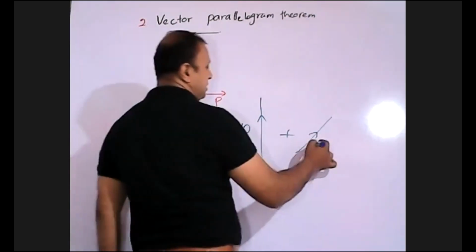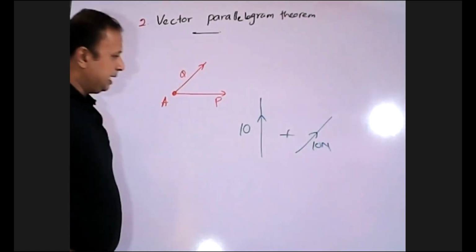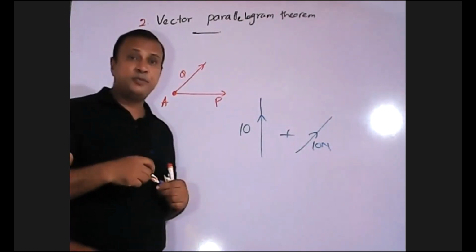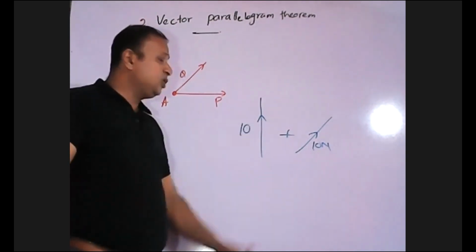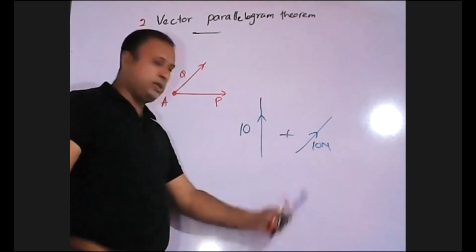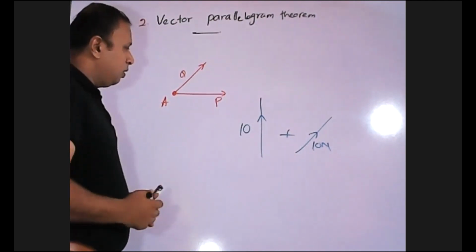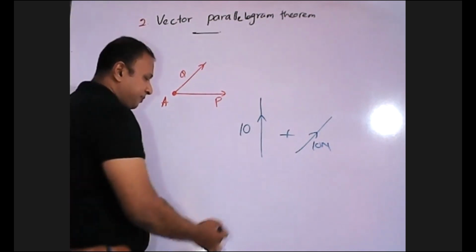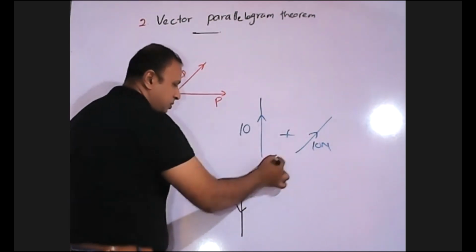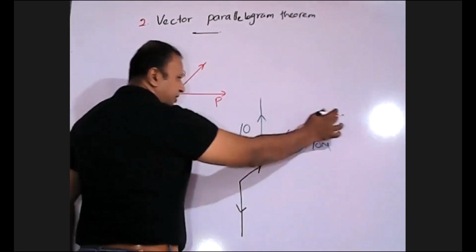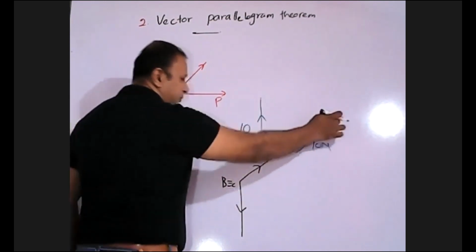Suppose it is 10 also. Then you are asked to add these two vectors. You are given some angles here. So what you have done here, you have overlapped the endpoint of the first vector and the starting point of the second vector.